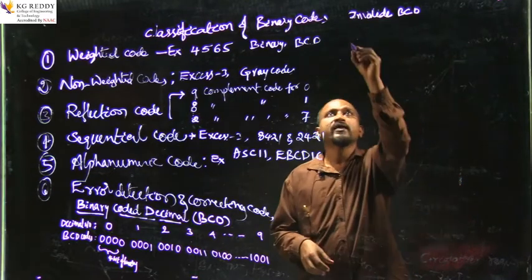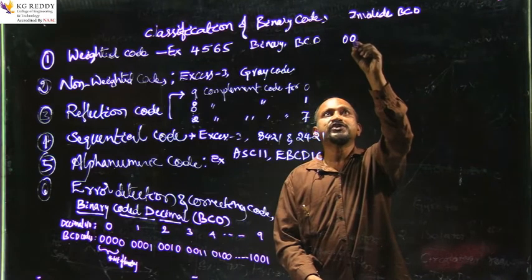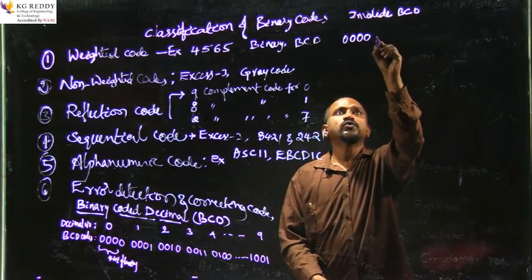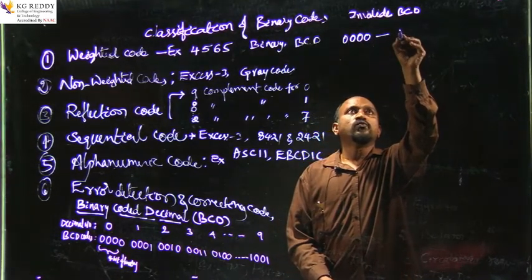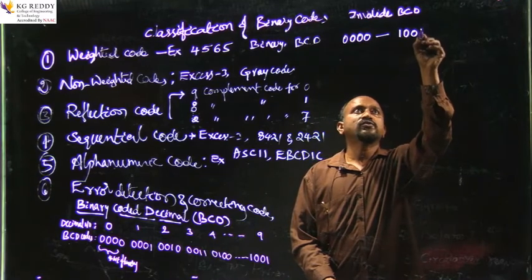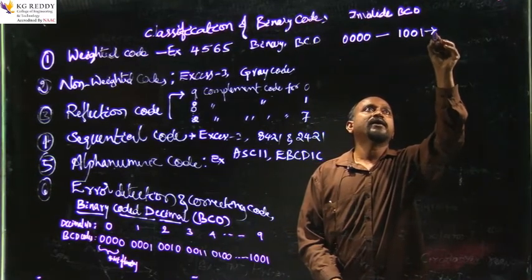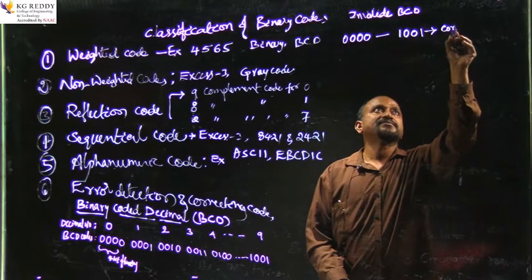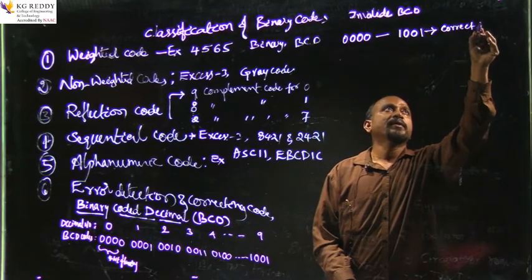From where to where? From 0, 0, 0, 0 to 1, 0, 0, 1. That is the correct BCD.